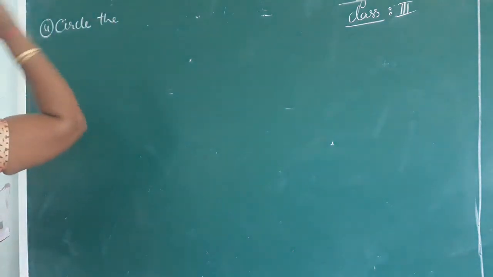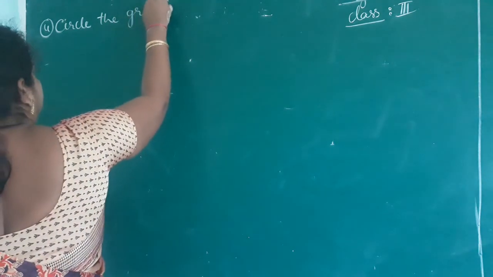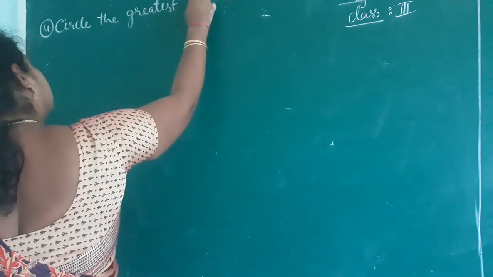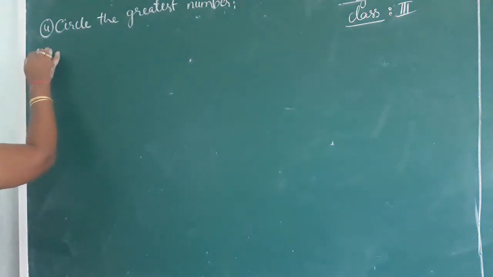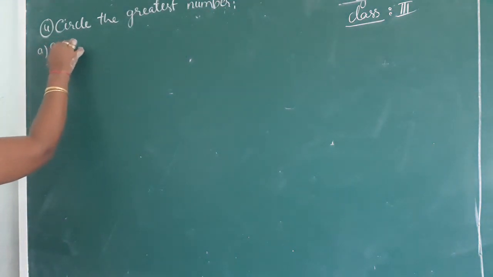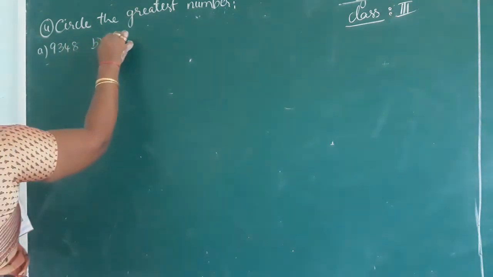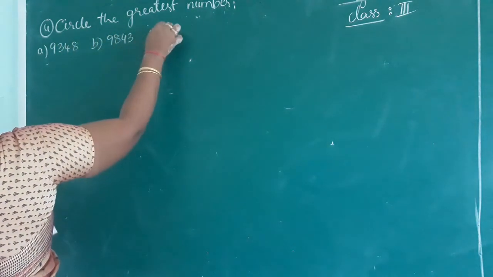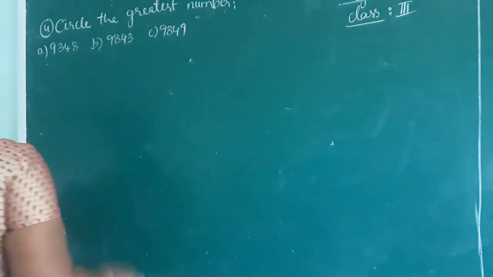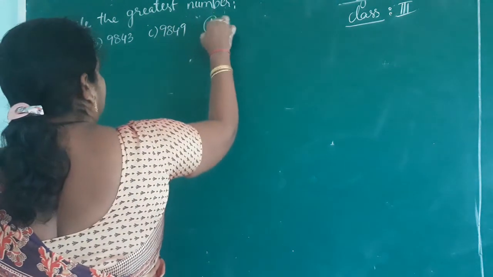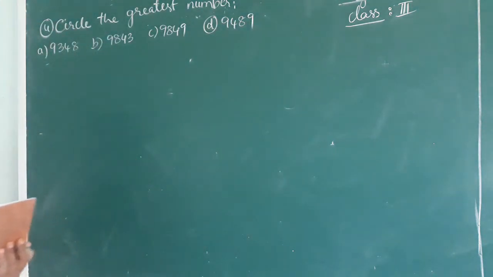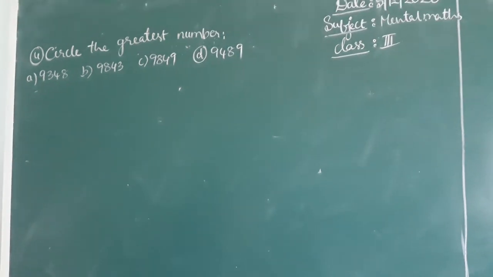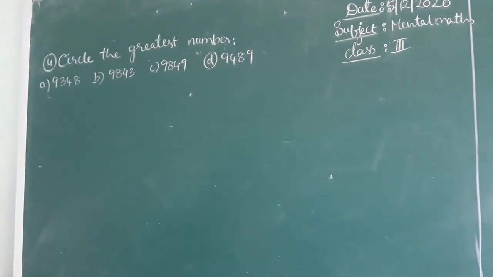The numbers are 9,300, 9,843, 9,849, 9,489. So here they are asking us to circle the greatest number. In these numbers, which one is greater, you have to circle it.